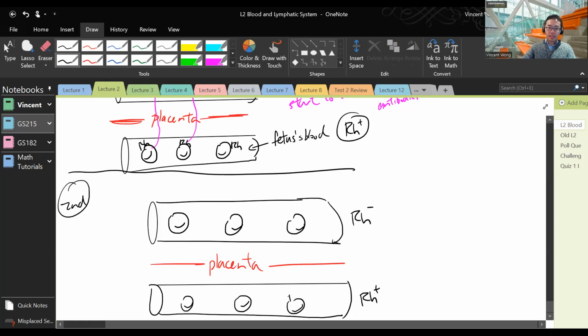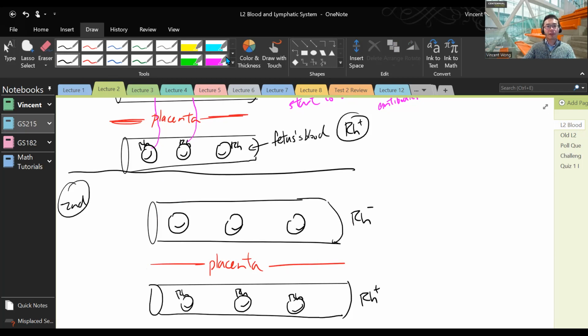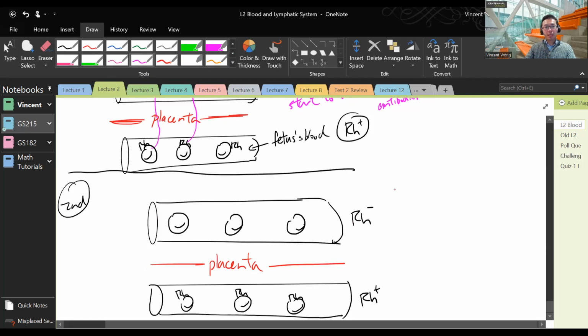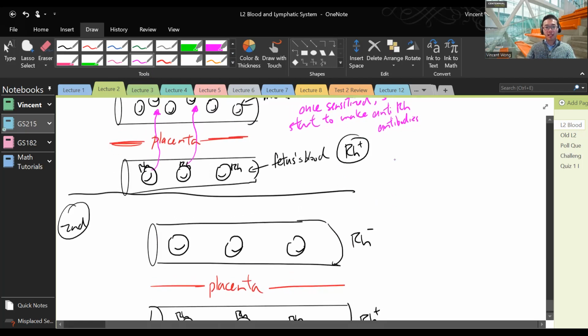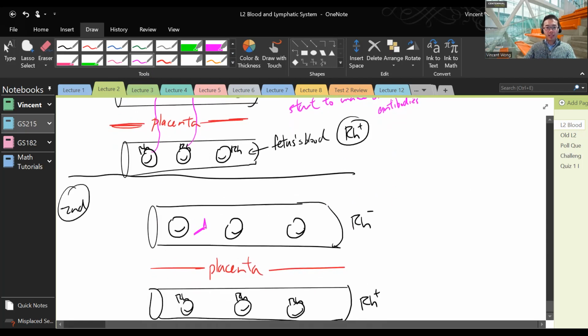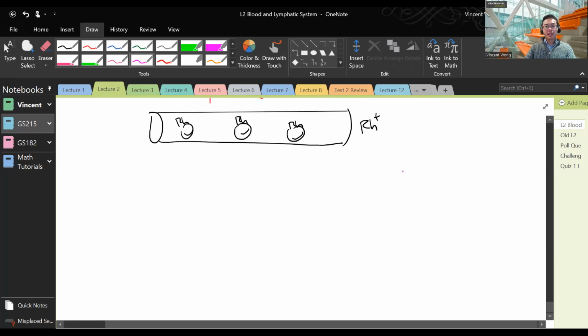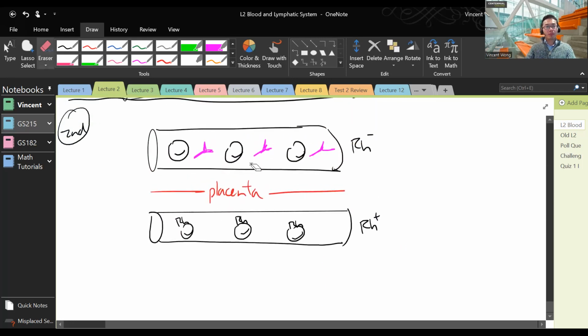And the baby's blood has Rh positive, so there is all these Rh on it, right? So what's the difference between now and before? Well, because the mother was sensitized previously, her plasma is going to have these anti-Rh antibodies. The placenta is pretty good at keeping out red cells, but it's not very good at keeping out antibodies. So the antibodies will actually move through the placenta.